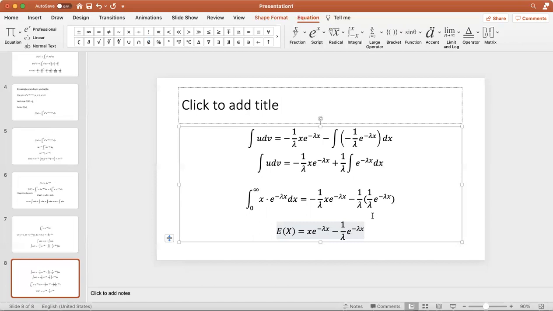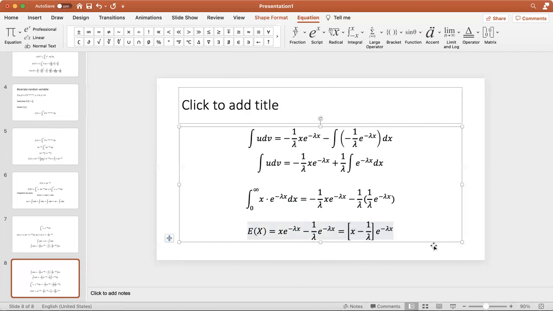Now, if you're more comfortable, you can factor this out, so you have x minus 1 over lambda, times e raised to negative lambda x.